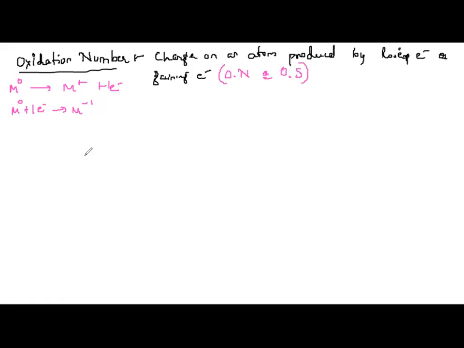So what do we mean by valency? What is the difference between valency and oxidation state? Valency and oxidation number are different concepts. In some cases, mostly in electrovalent ionic compounds, valency and oxidation number are the same, but in other cases they are different. Oxidation number is the charge on an atom produced by losing or gaining electrons.